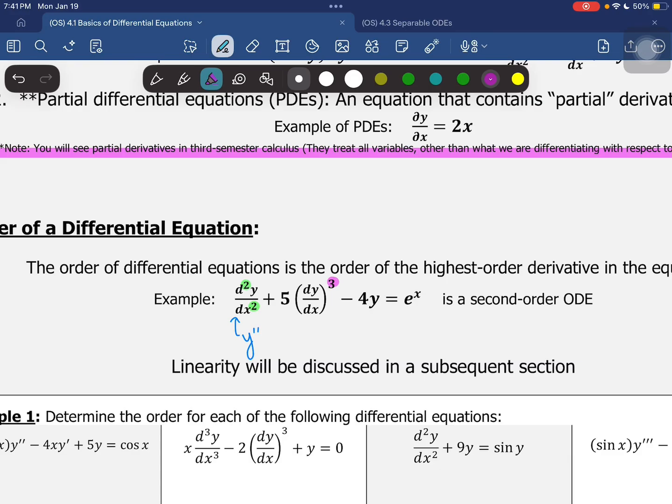But be careful. Power does not mean order. What this is saying is, we have y prime to the third power, but the order is determined by the highest order derivative. So in this case, the order of the differential equation would be 2.